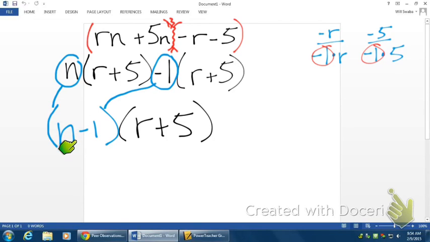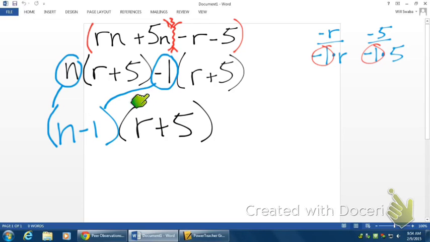Now, the other side to this is we're still using the distributive property. If I multiplied these two terms, how would I do it? I could use FOIL, but what else could I use? I could distribute them, right? I could multiply n times r plus 5 and then negative 1 times r plus 5.